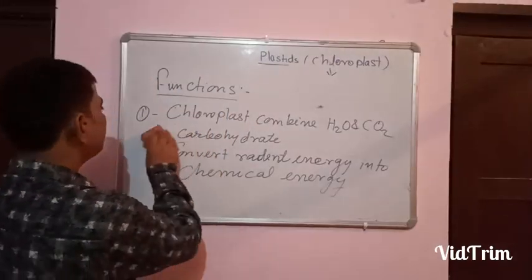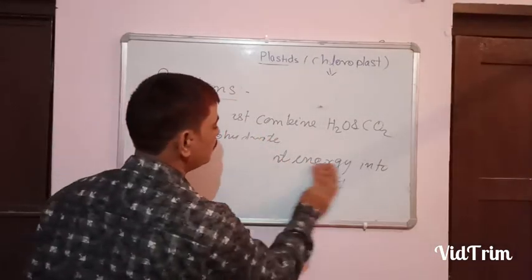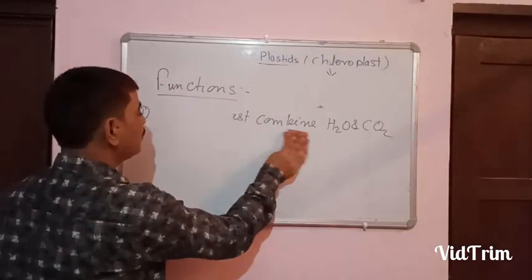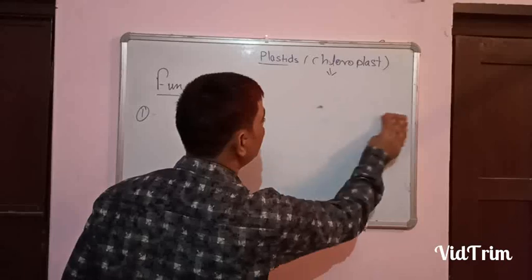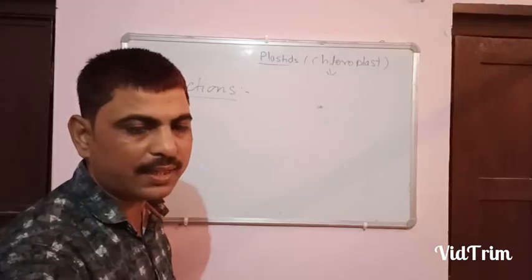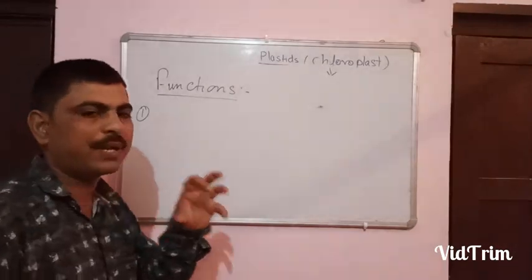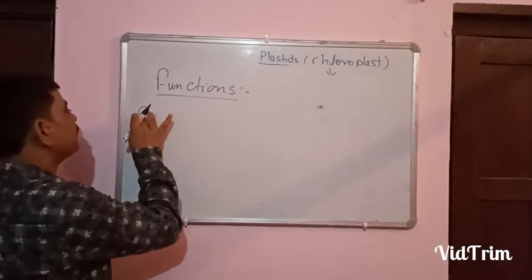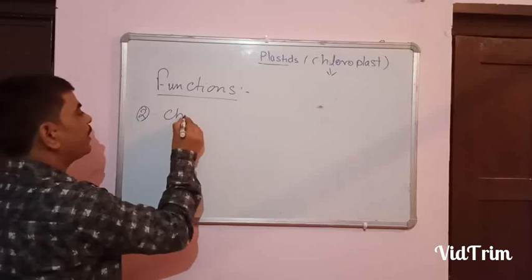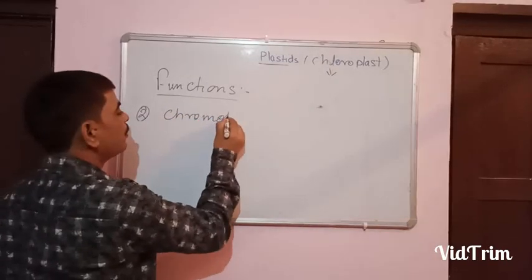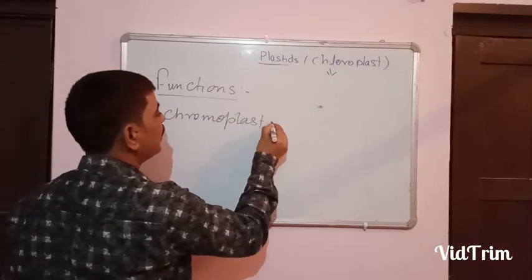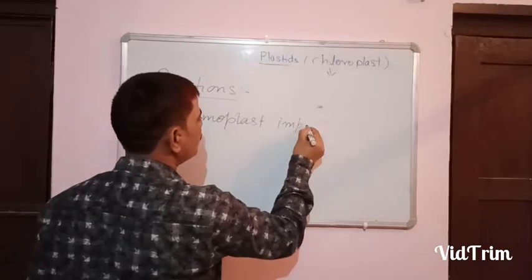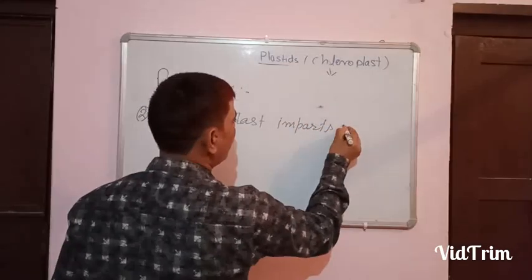Okay, second function, what does it do? Do you know they have the chromoplast? Chromoplasts have colors, and you know that flowers and fruits have color. Okay, chromoplast imparts, gives color.